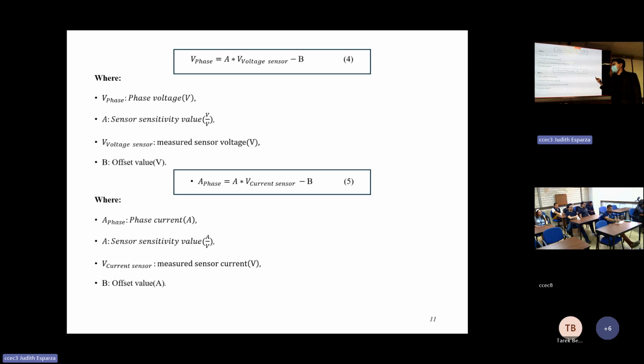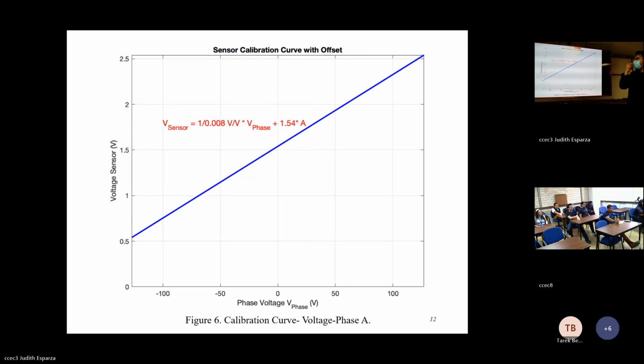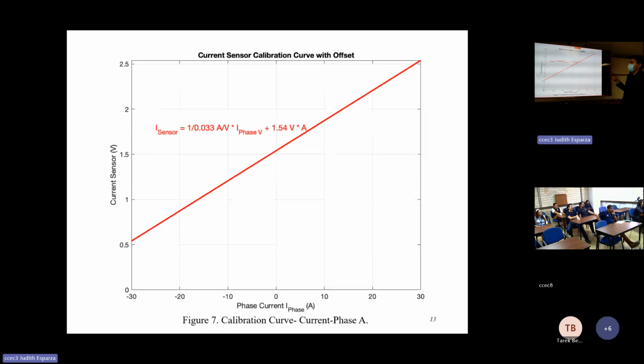This is the sensor calibration curve with offset, because the ESP32 cannot read negative voltage. And the current sensor curve with offset, with the nominal current and negative nominal current.